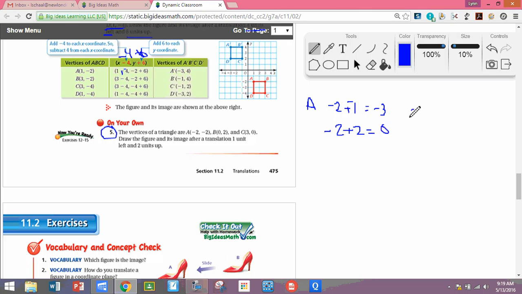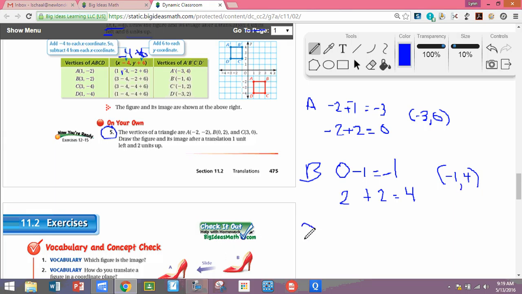So my point for A is -3, 0. Okay. B is 0. You started at 0 minus 1 equals -1. And then your y was 2, and you're adding 2 to it, and that equals 4. So my point for B is now going to be -1, 4.